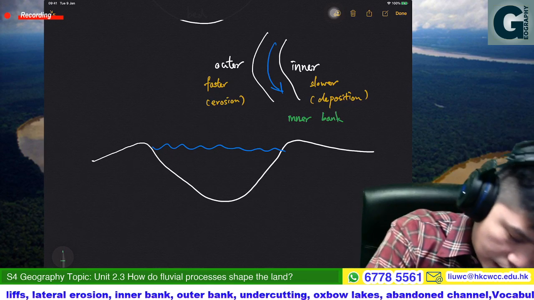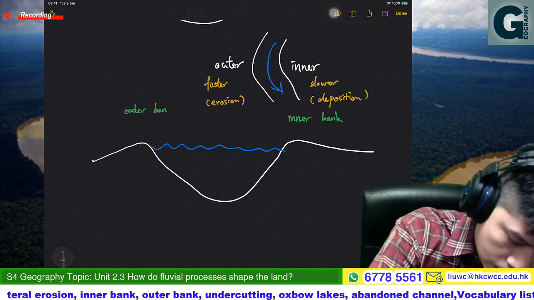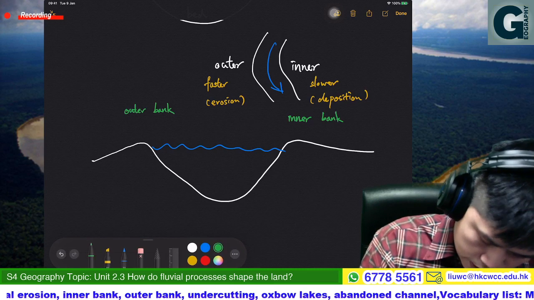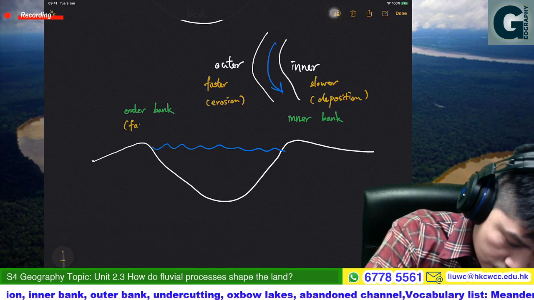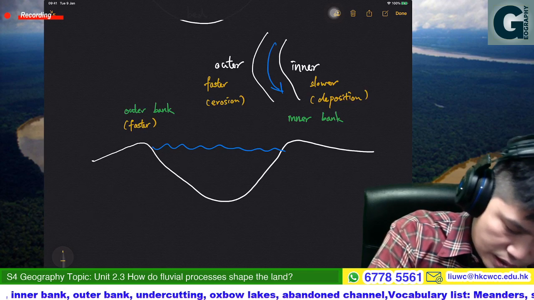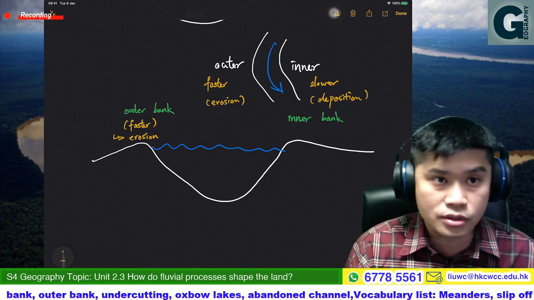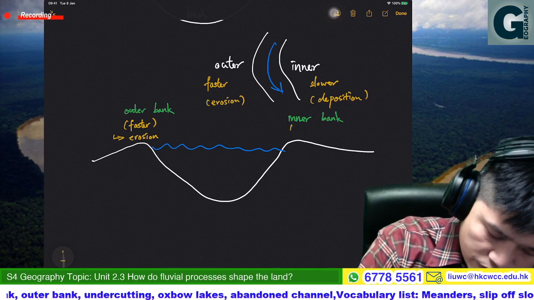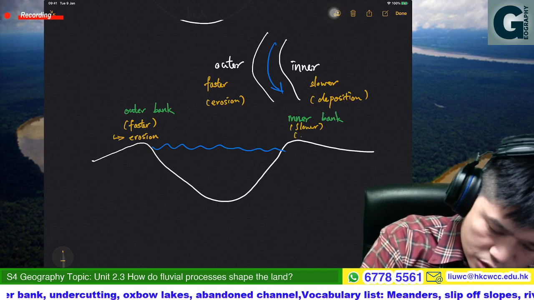On the other side, outer bank. And we know that in the outer bank the water flows faster, so therefore erosion takes place, especially lateral erosion. And in the inner bank, water flows slower, and then deposition may take place.